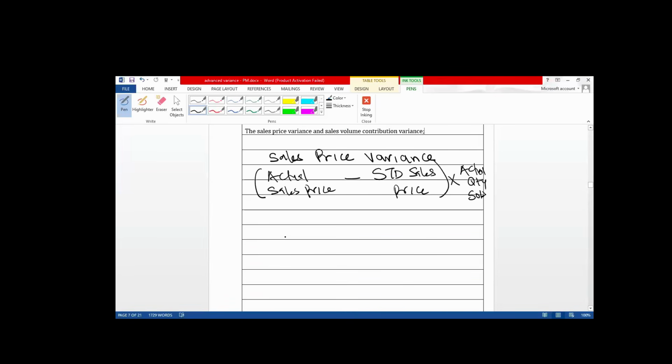Now I have two products. Open a table. We have plasma TV and we have LCD TV. Then actual selling price minus standard selling price, differences in price.